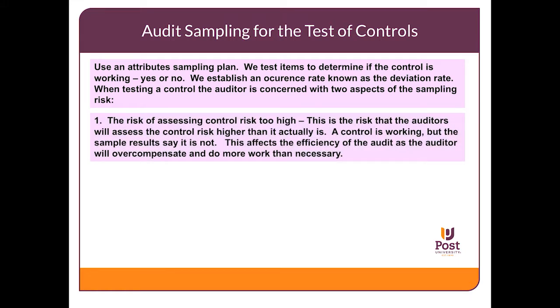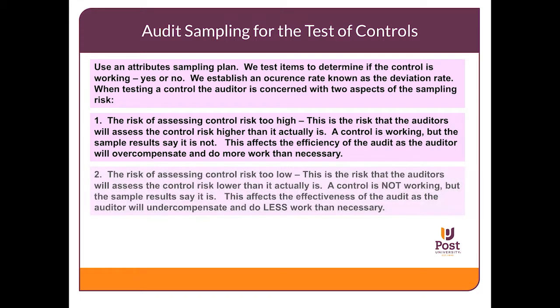The risk of assessing control risk too high. This is the risk that the auditor will assess the control risk higher than it actually is. A control is working, but the sample results say it is not. This affects the efficiency of the audit, as the auditor will overcompensate and do more work than necessary.